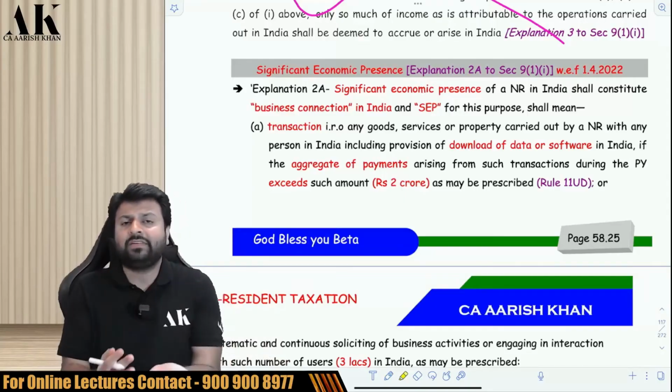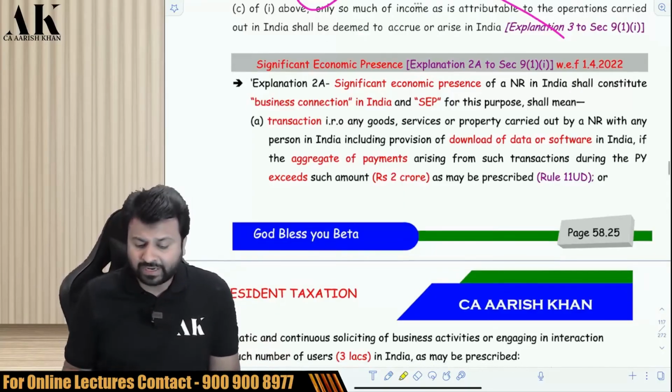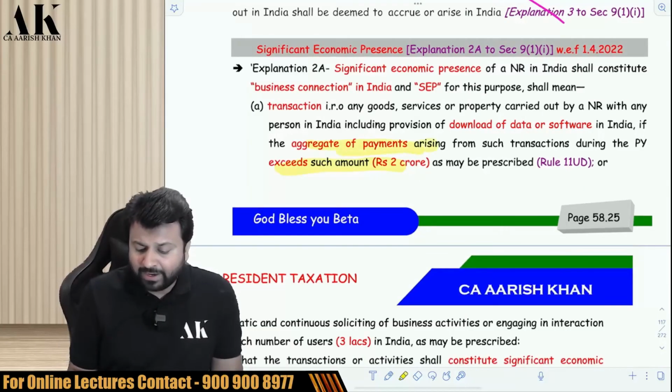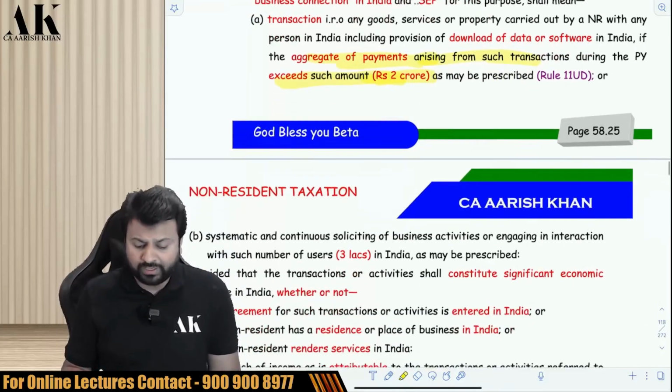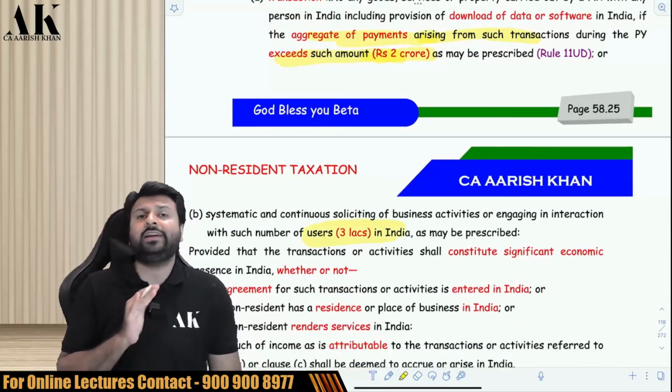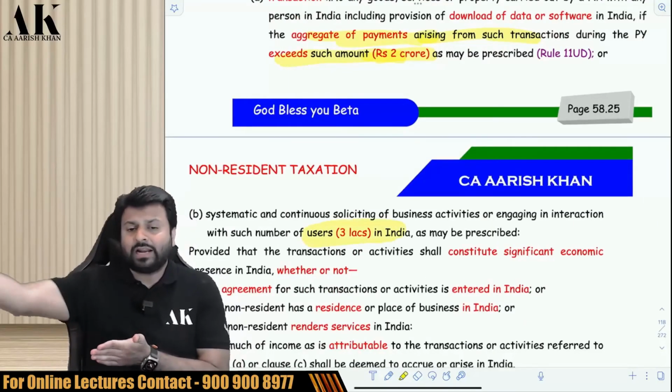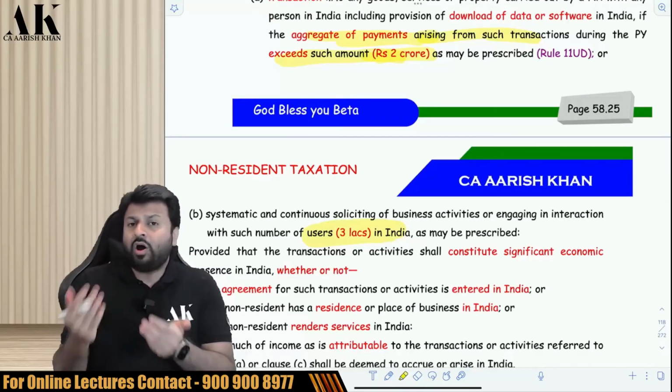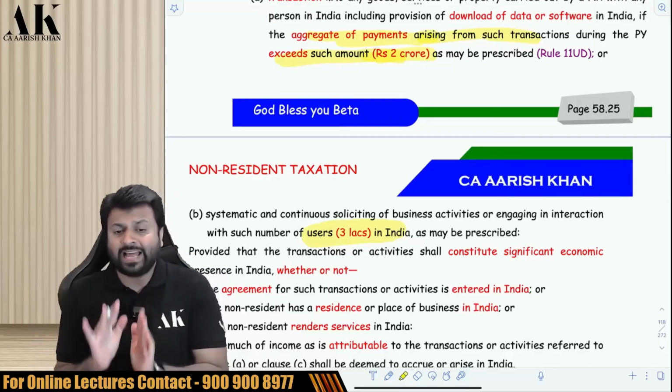What do I mean by significant presence? The government has defined significant presence as: if the aggregate payment during the financial year exceeds 2 crore rupees, or if that non-resident has at least 3 lakh users in India.